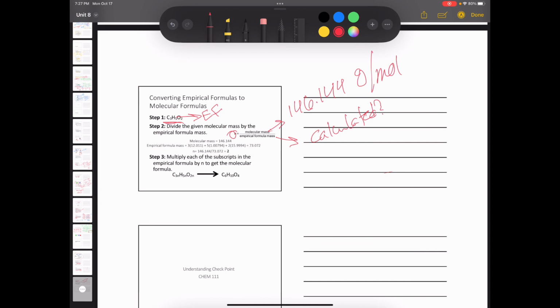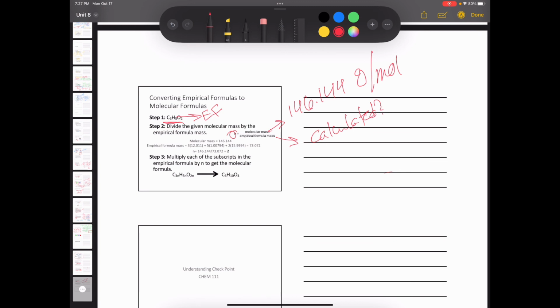Well, how do I calculate that one? I have 3 of the carbon, 5 of the hydrogen, 2 of the oxygen. So I need to add all these atomic masses together so I can calculate my empirical formula mass.